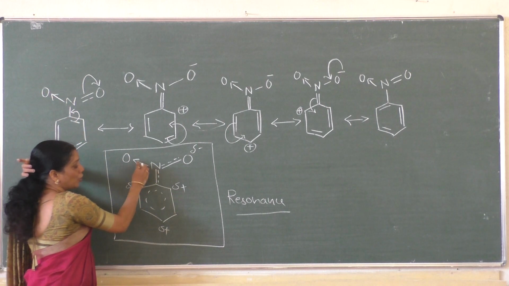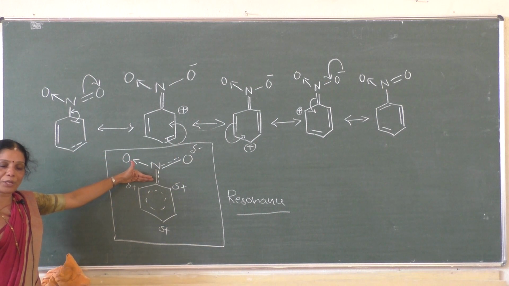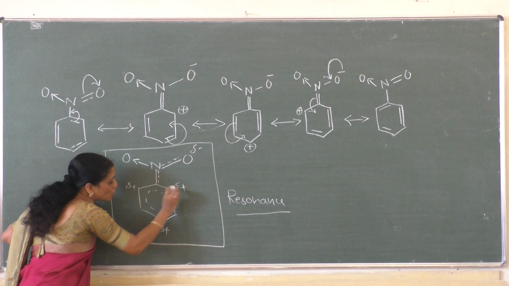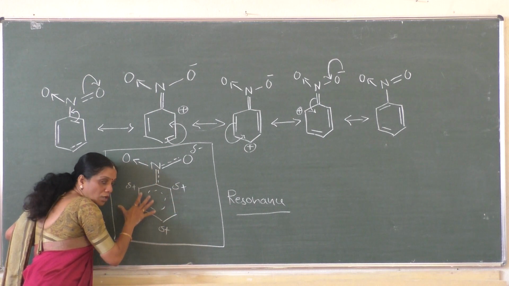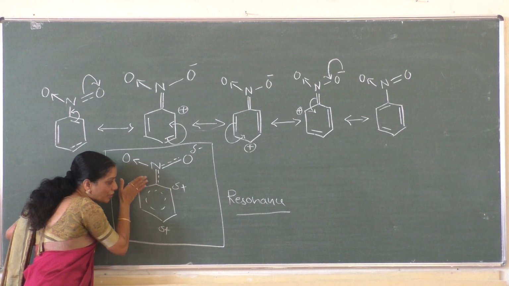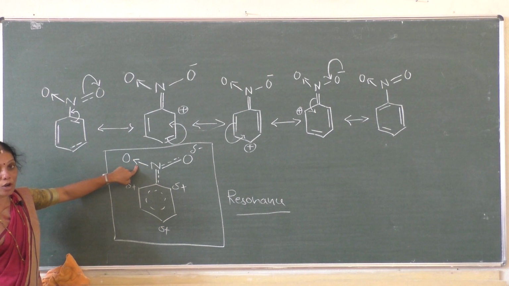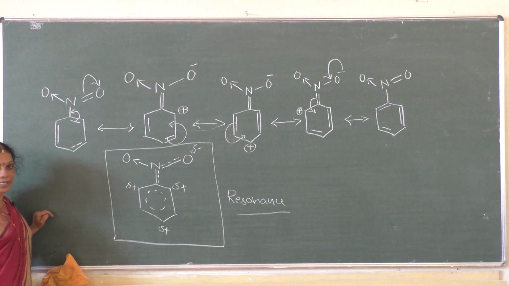That means due to the presence of this NO2 group, the electron density of the benzene ring decreased. See, ortho and para positions become electron deficient. The overall electron density of the benzene ring decreased due to the presence of the NO2 group, because the NO2 group withdraws electrons from the benzene ring.